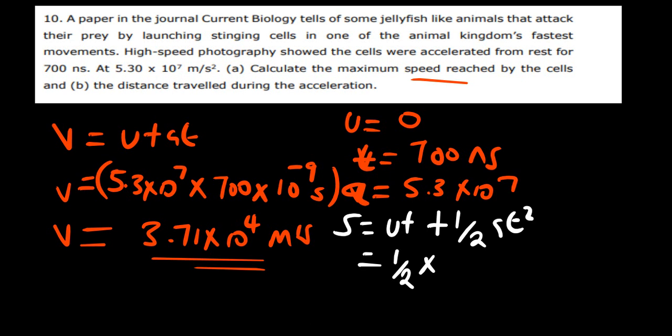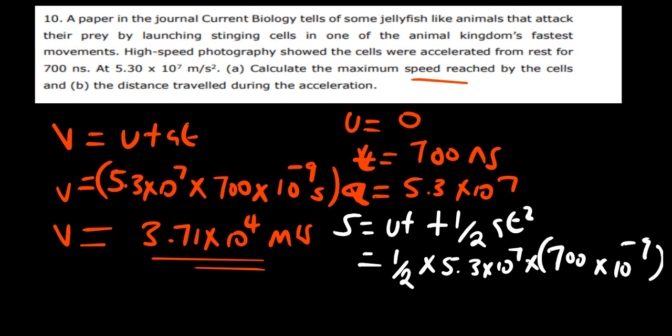The acceleration we said is 5.3 times 10 to the power 7 multiplied by the time. The time is 700 nanoseconds, which is the same as 700 times 10 to the power negative 9. But don't forget to square it because t is squared. Then you solve this whole expression.